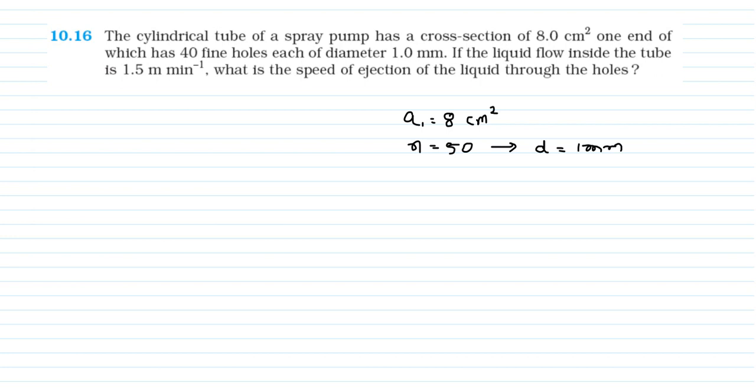If the liquid flow inside the tube is 1.5 meter per minute, you can say V1 is equal to 1.5, yes, it is 1.5 meter per minute, mistake was here. 1.5 meter per minute, that is 1.5 by 60 meter per second.